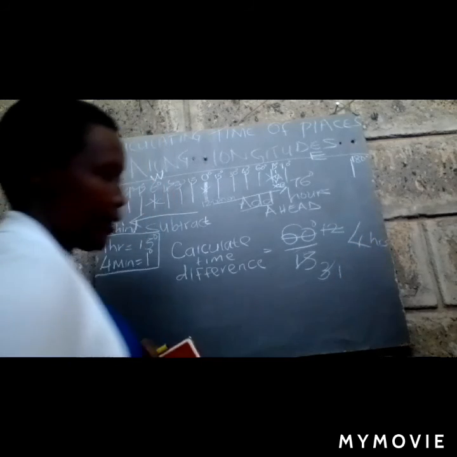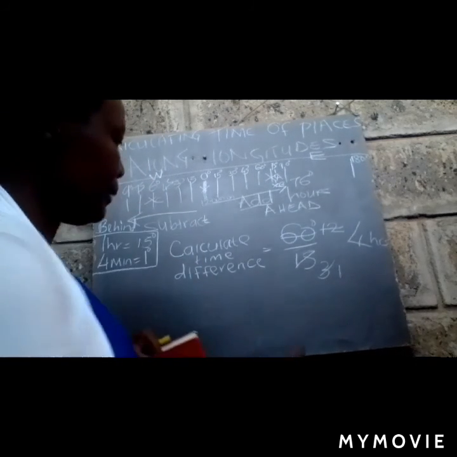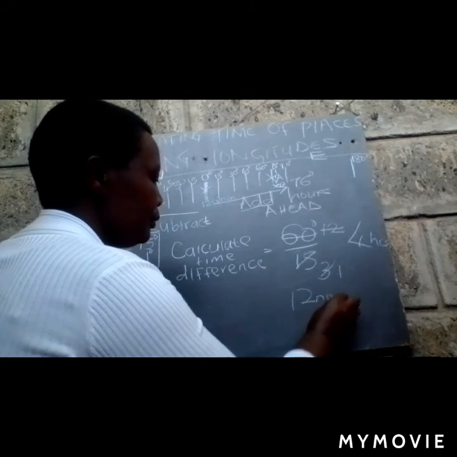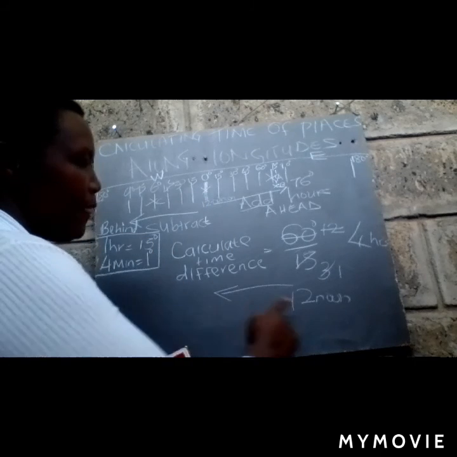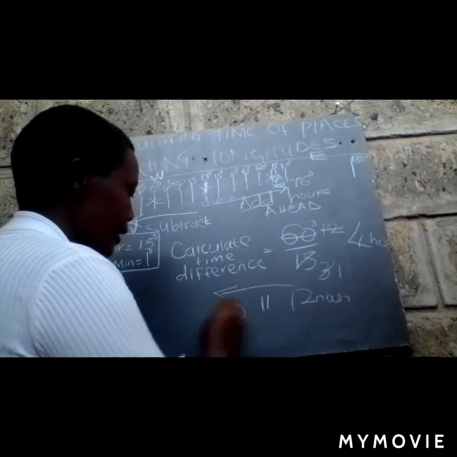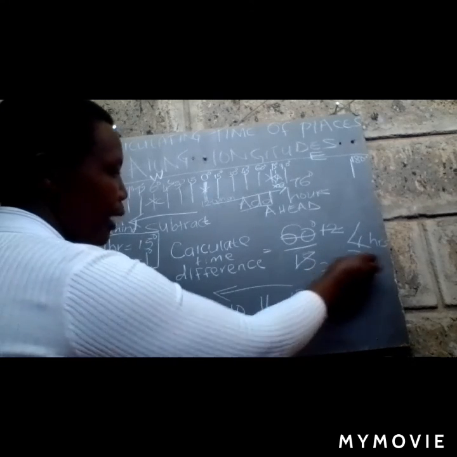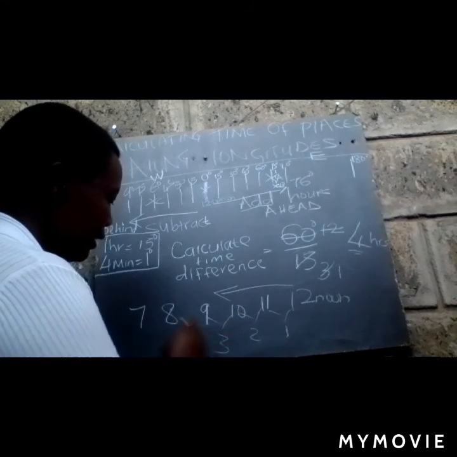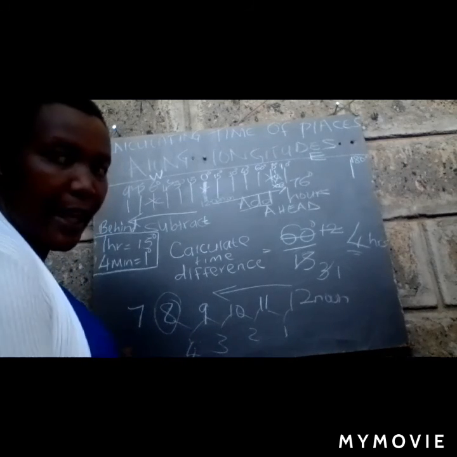These are hours. Now, what is our time at 60? At our prime meridian it is 12 noon. Now we shall go to the west. Therefore, we are subtracting 4 hours. So 11, 10, 9, 8. So we have 4 hours, 1, 2, 3, 4. So what is our time?